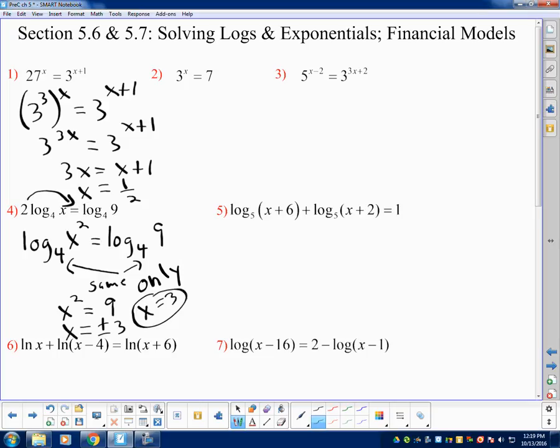If I plug in -3 on the left-hand side here, I would get an error message. It's not in the domain. Remember, the domain of logarithms is written up here. The argument x has to be strictly greater than 0. So the -3 will not work when I go to plug it in. And we're going to find that there are some values that we get on a couple of these problems that won't work. They're extraneous solutions.